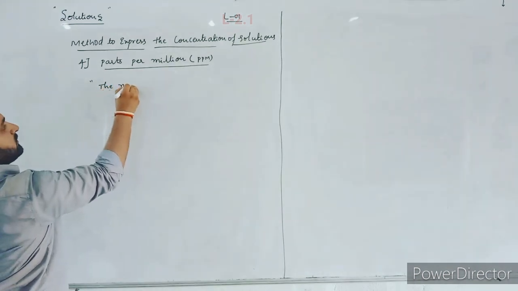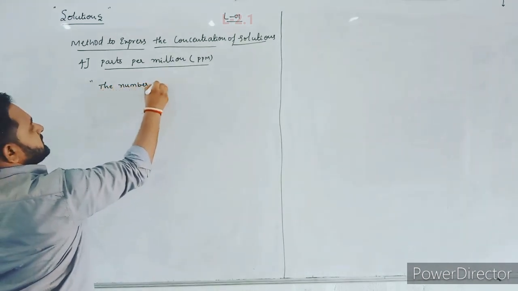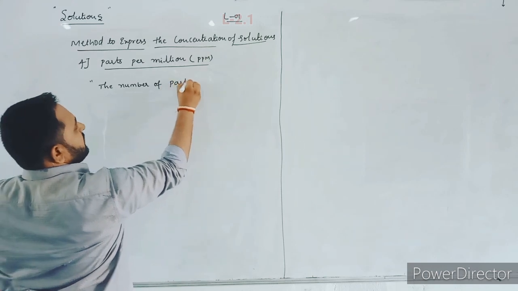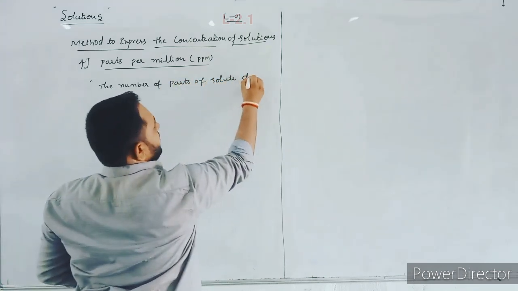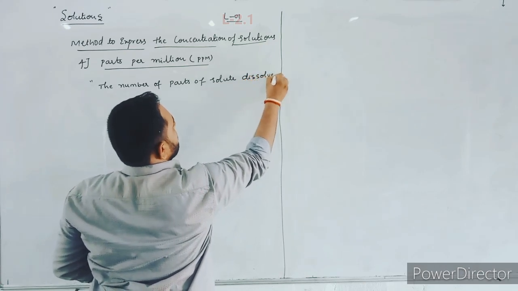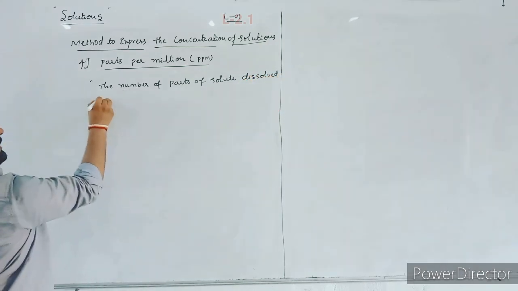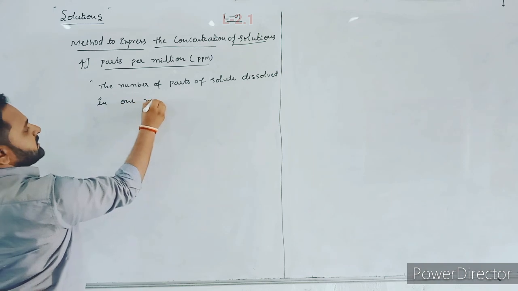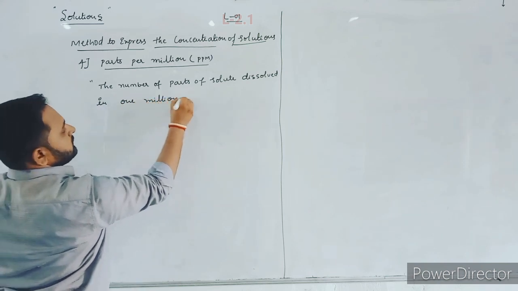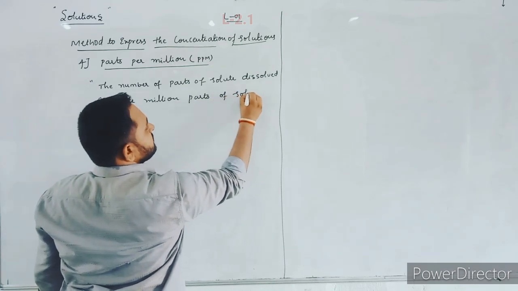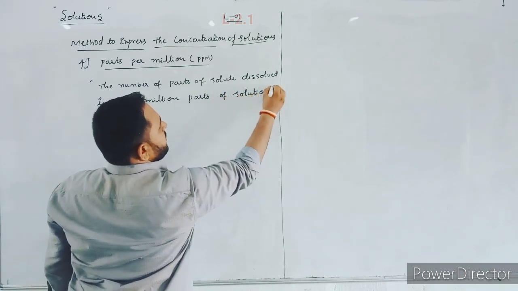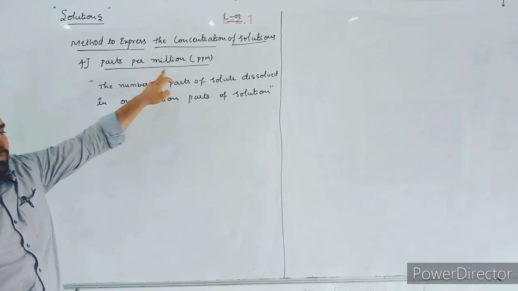The number of parts of solute dissolved in 1 million parts of solution is called parts per million.